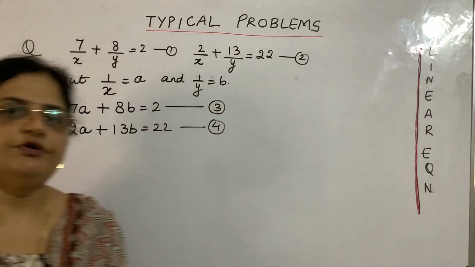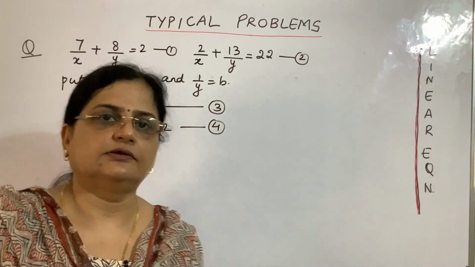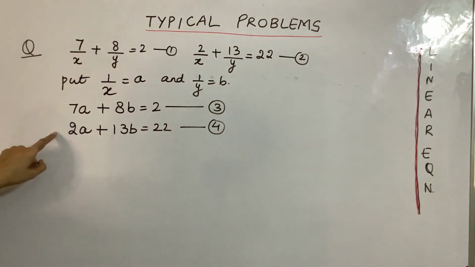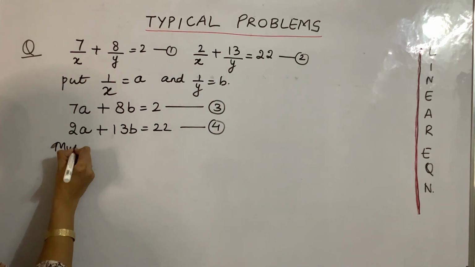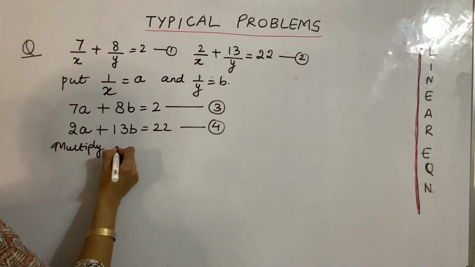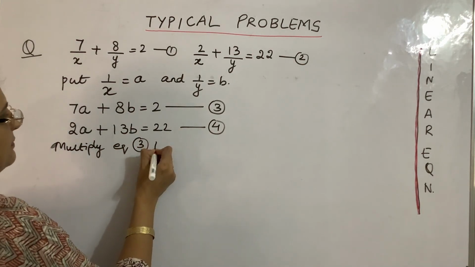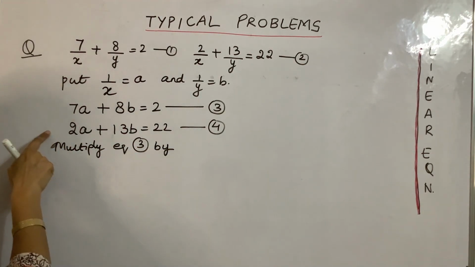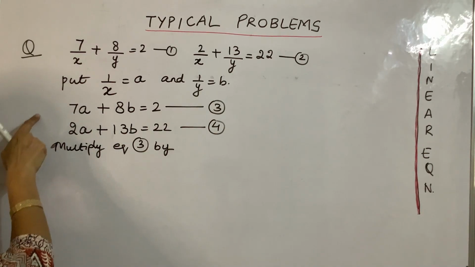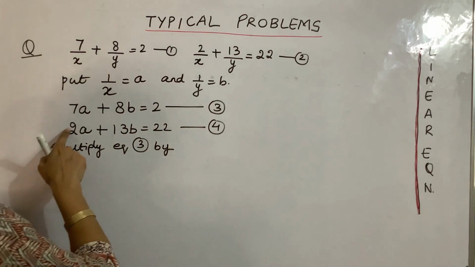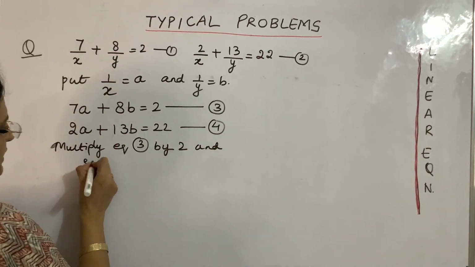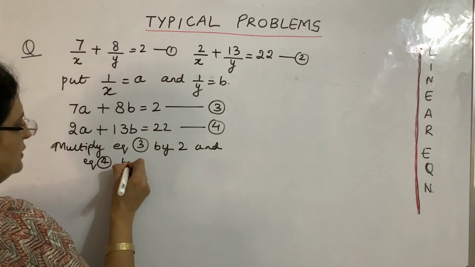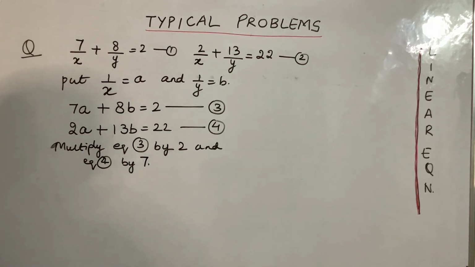Let me say we will use the elimination method. So for the elimination method, you have to equate the coefficients. So let us equate the coefficients of a. So what will you do? Multiply equation 3 by 2 and equation 4 by 7.